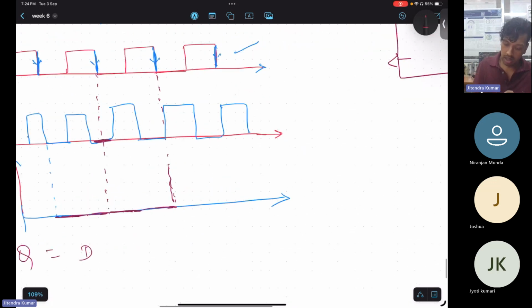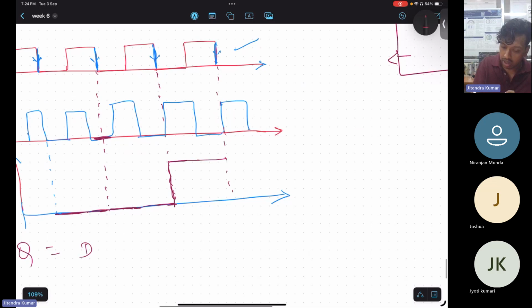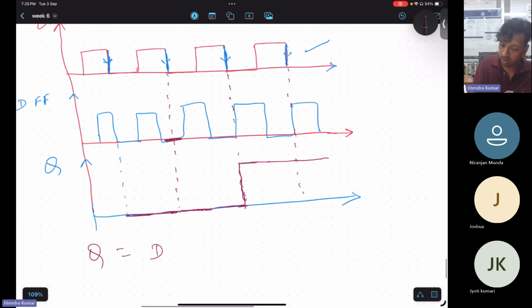Now at this edge, it is going to become 1 till the next clock edge point. So at this edge also, the D flip flop value is 1, so it will keep maintaining 1, okay, till the next clock. Any doubt in this output graph?